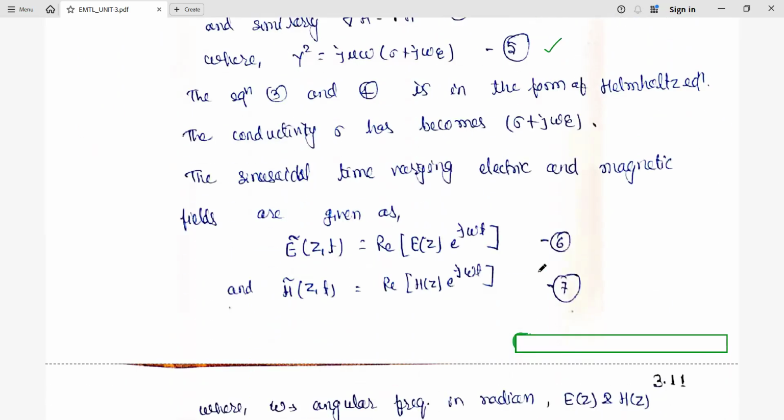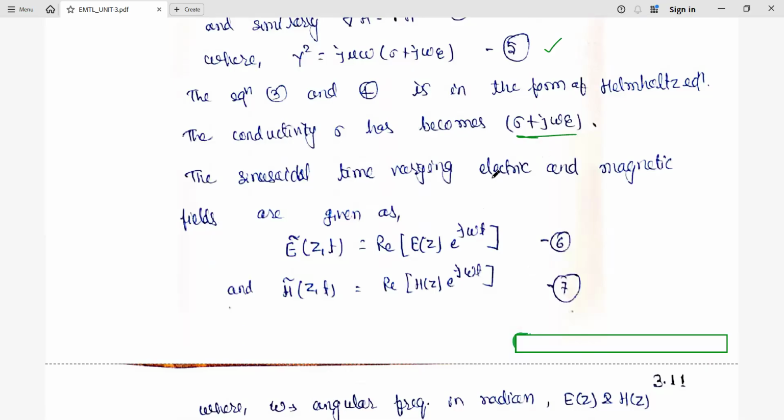Now these equations 3 and 4 we can write in the form of the Helmholtz equation. The conductivity sigma has changed to the value sigma plus j omega epsilon. These are the sinusoidal time varying electric field and magnetic field.